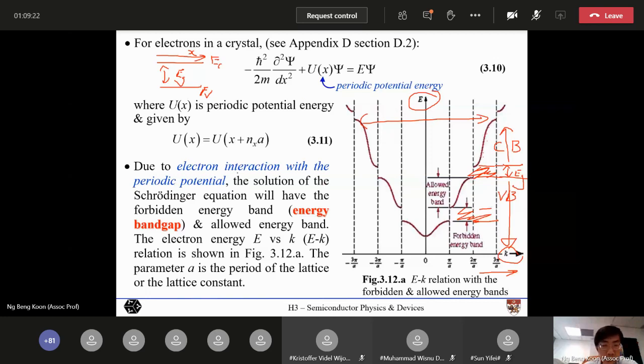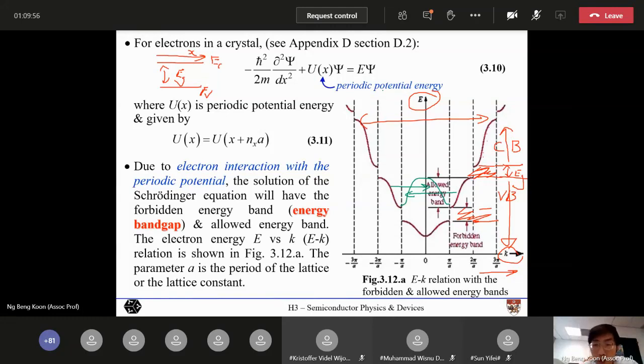The periodicity means that we can shift this curve to the right-hand side, to here, and this one we can shift to this side, so it goes like that. We effectively shift it by 2 pi over a, and the behavior would remain the same.